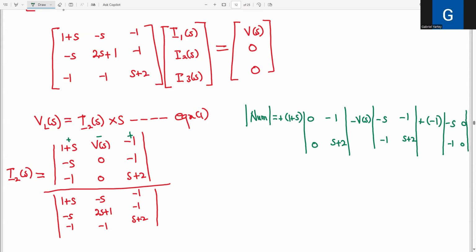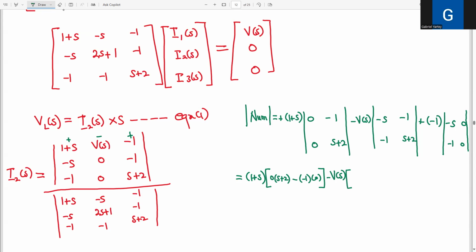Find the determinant of that. So when you solve it, you are going to get 1 plus S, 0 multiplied by 0, that's 0. 0 times S plus 2, minus 1 multiplied by 0, and minus V of S.